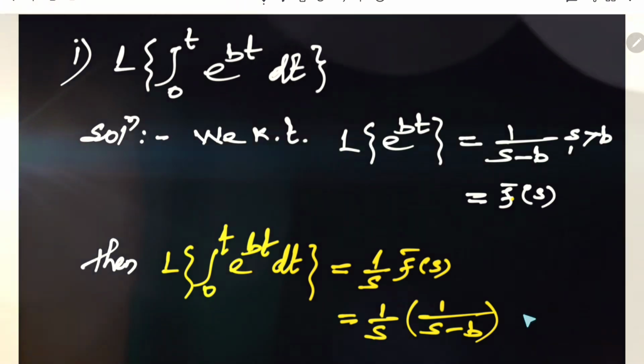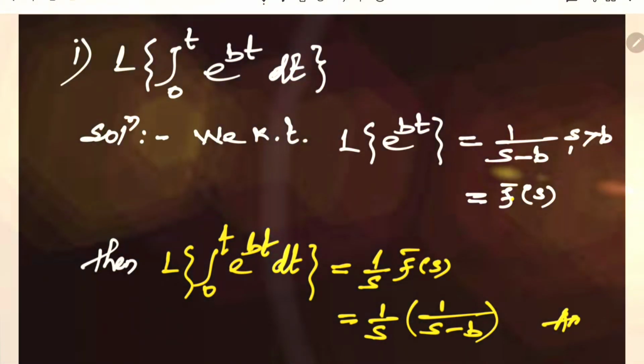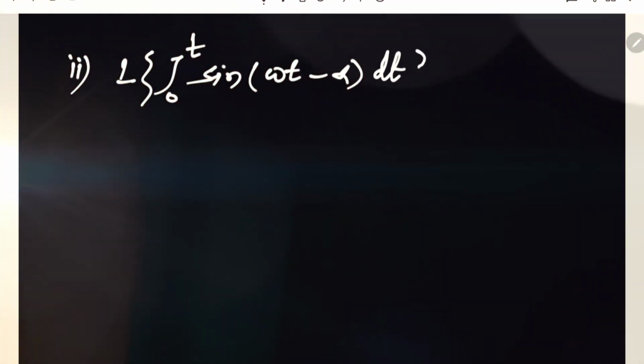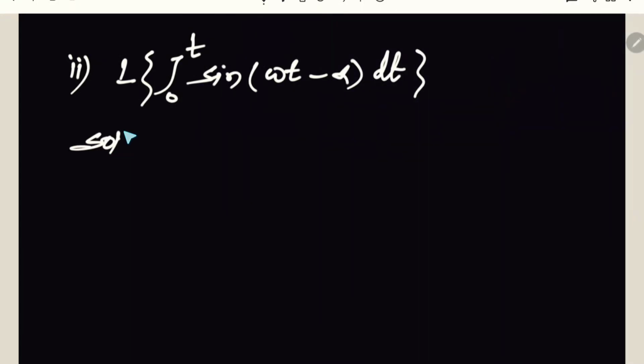First example is completed here. Then second example, find the Laplace of integration from 0 to t of sin(omega t minus alpha) with respect to t. Here the function is sin(omega t minus alpha).